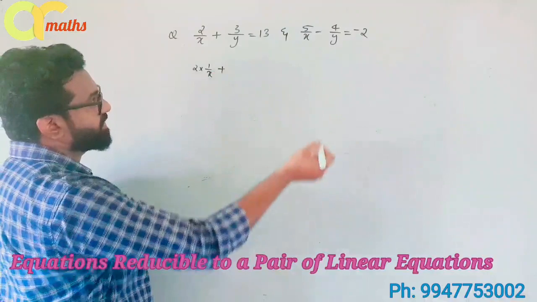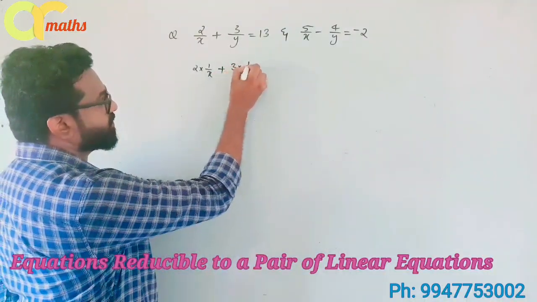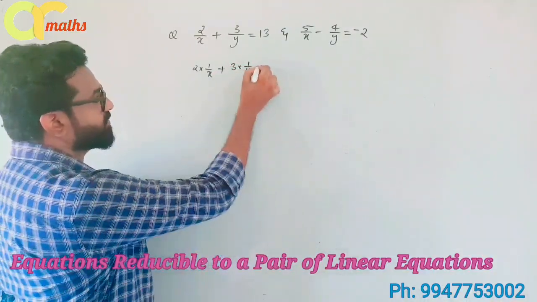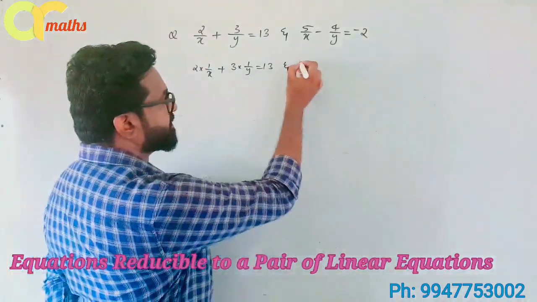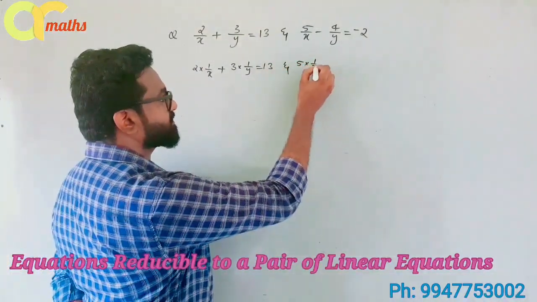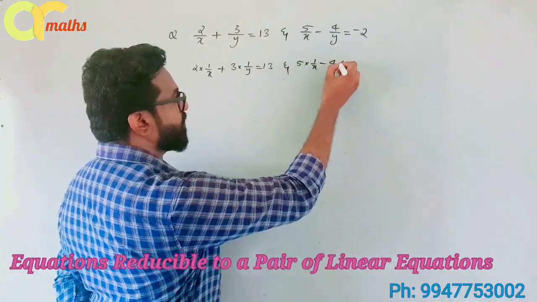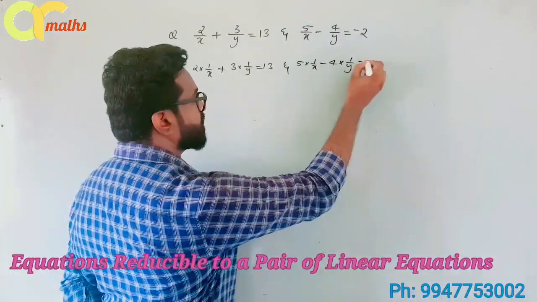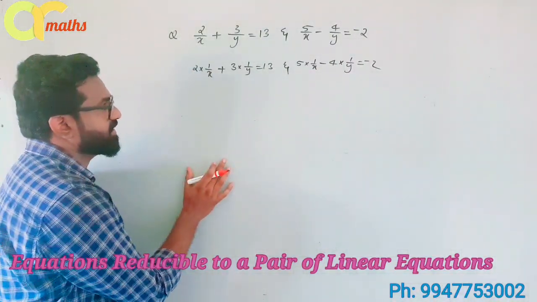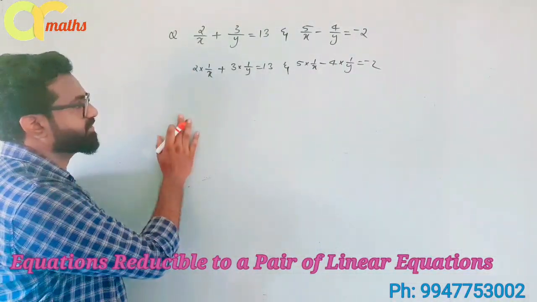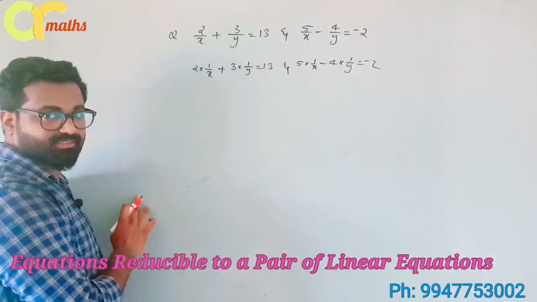Plus 3 by y means 3 into 1 by y equal to 13, and 5 by x means 5 into 1 by x minus 4 into 1 by y equal to minus 2.